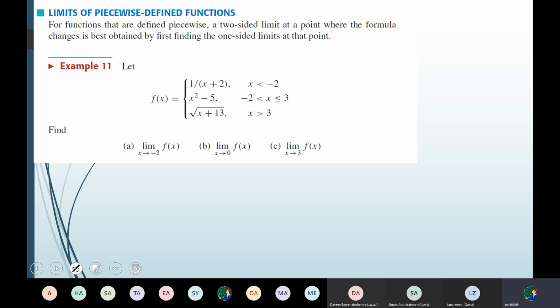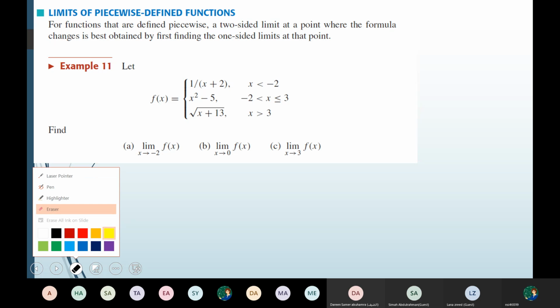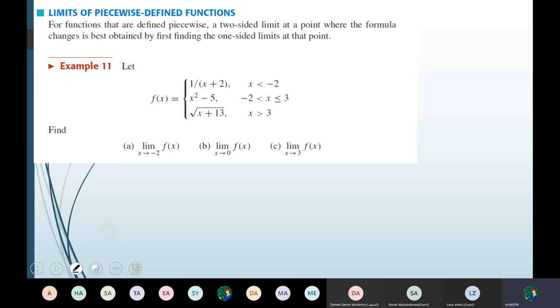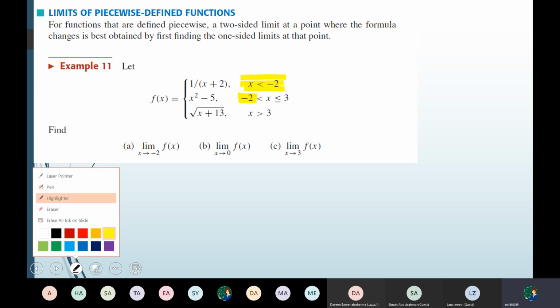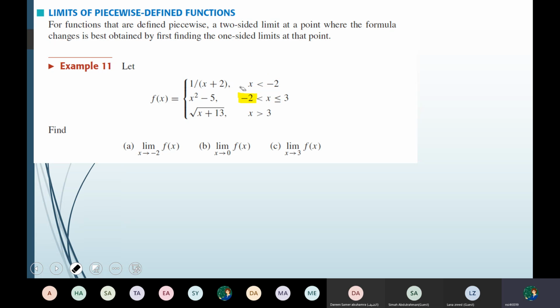For the function f of x, as you see for this one, which is negative 2, it is repeated 2 times.